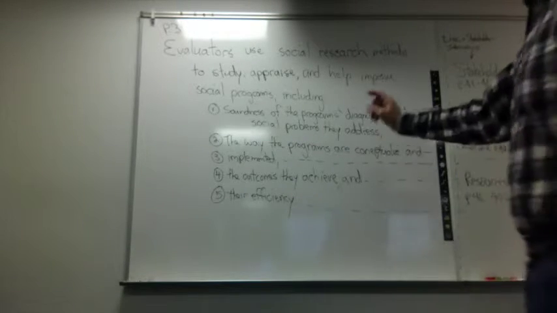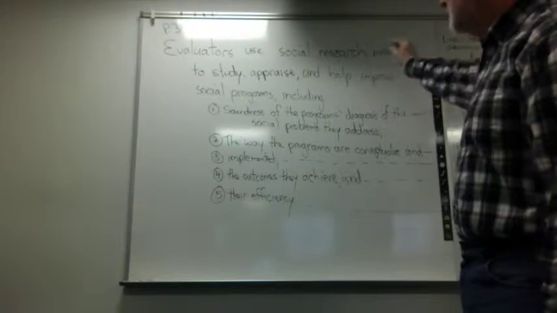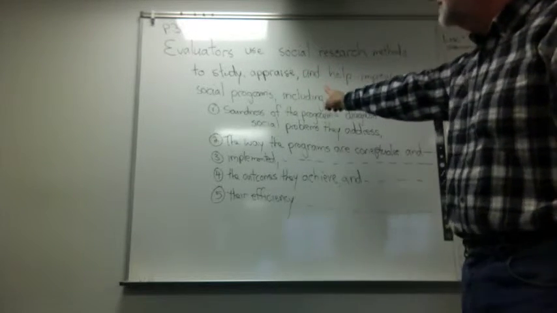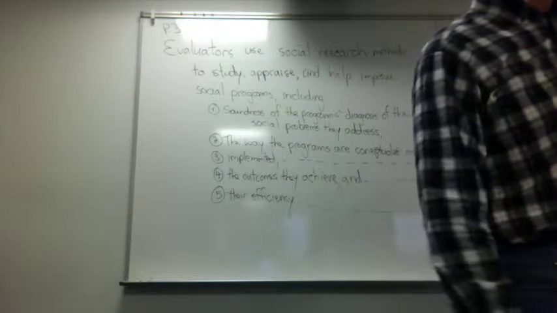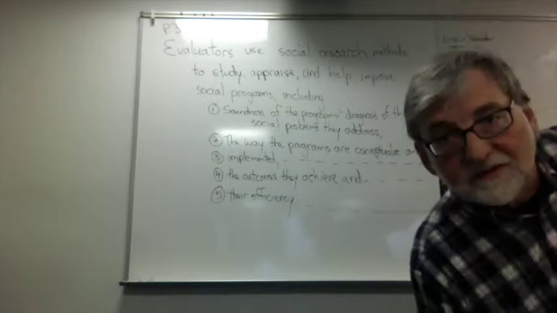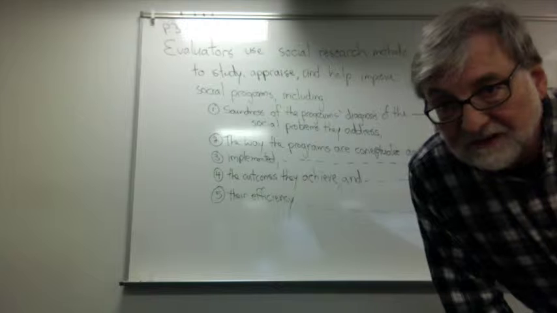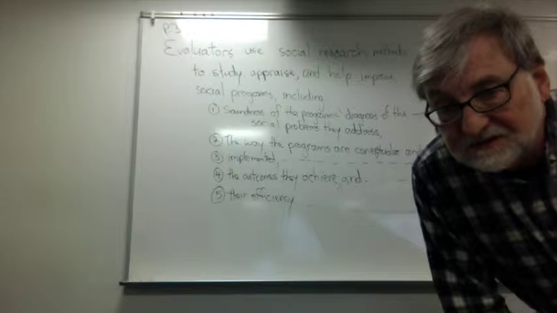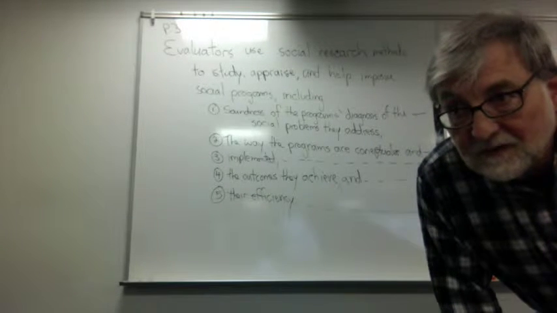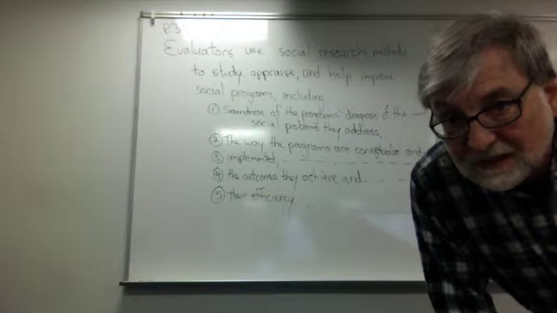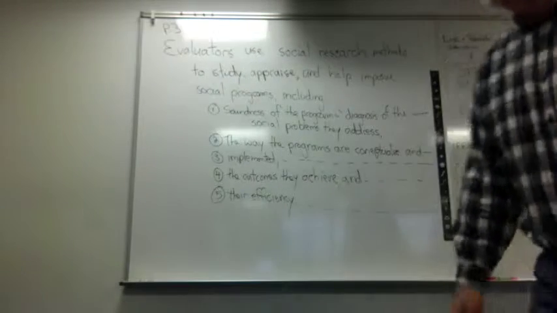He says, evaluators use social research methods to study, appraise, and help improve social programs, including, that's what we talked about over there, where the purpose of evaluation is action that leads to amelioration or better amelioration of the social problem you're trying to address.